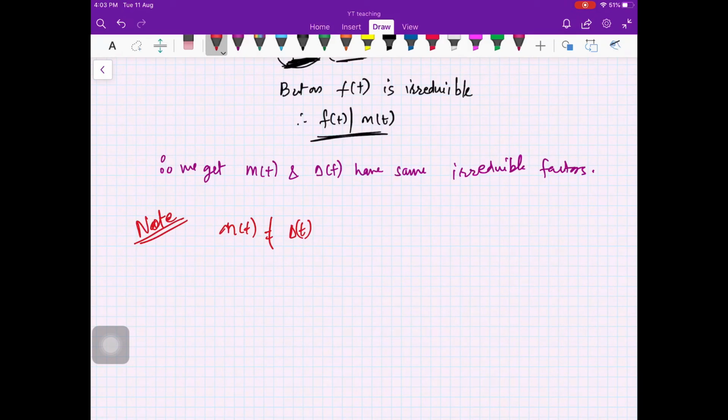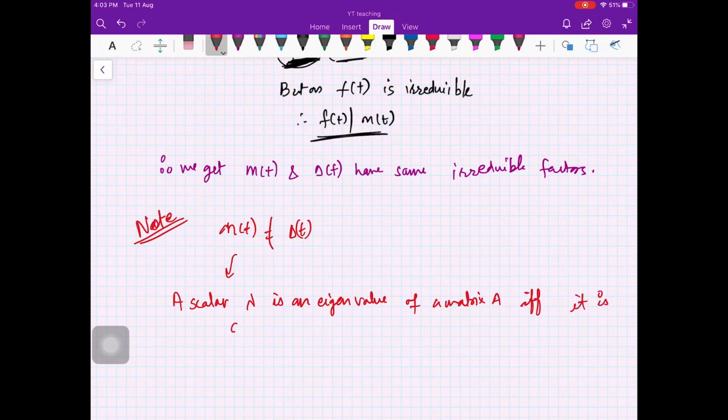Right. So we can also write this result in the form that a scalar lambda is an eigenvalue of a matrix A if and only if it is a root of the minimal polynomial.